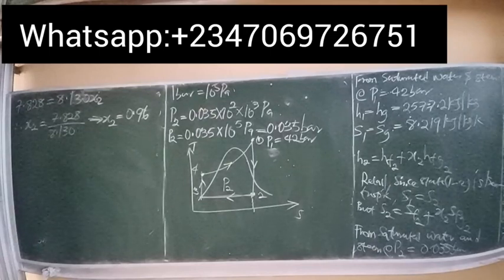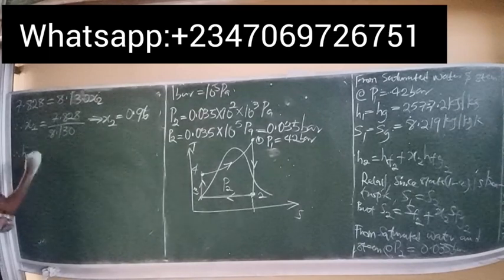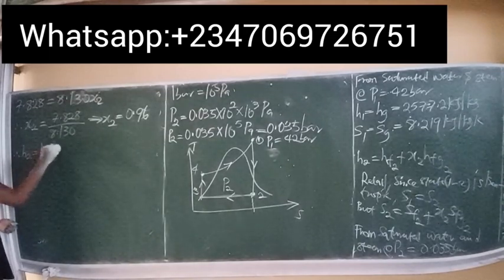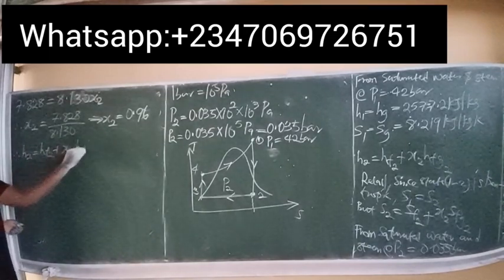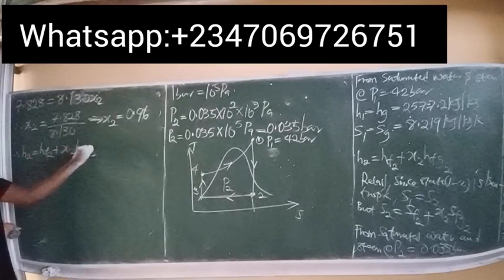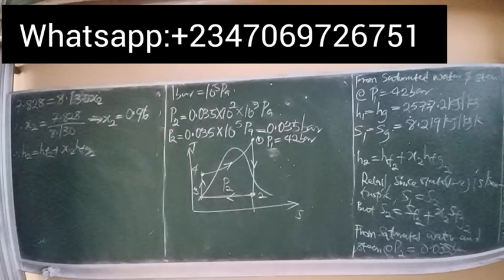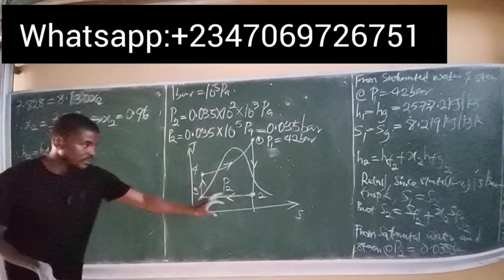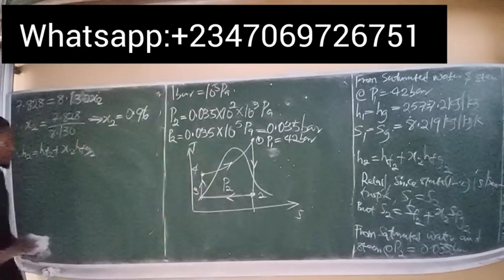And as such, to find enthalpy at state 2, therefore H2, I've said earlier, it is simply HF2 plus X2 HFG2. And of course, we've gotten the parameters of HF2 and HFG2 at the given pressure of the condenser, which is 0.035 bar.